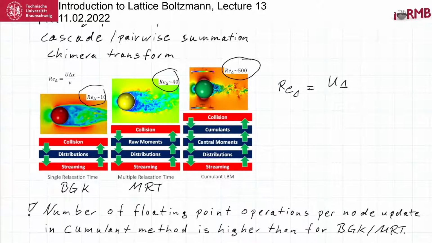So delta in this case is delta x. The highest Reynolds number that you can manage at the resolution of basically one grid spacing, we're still getting reasonable results.